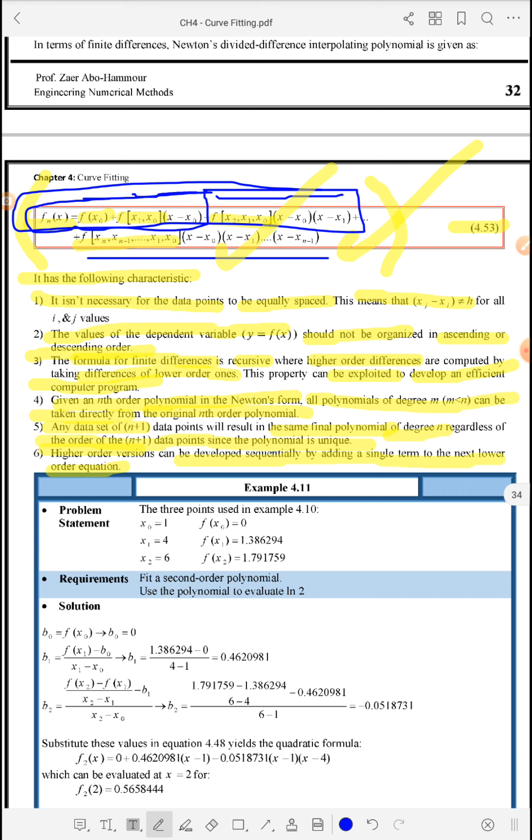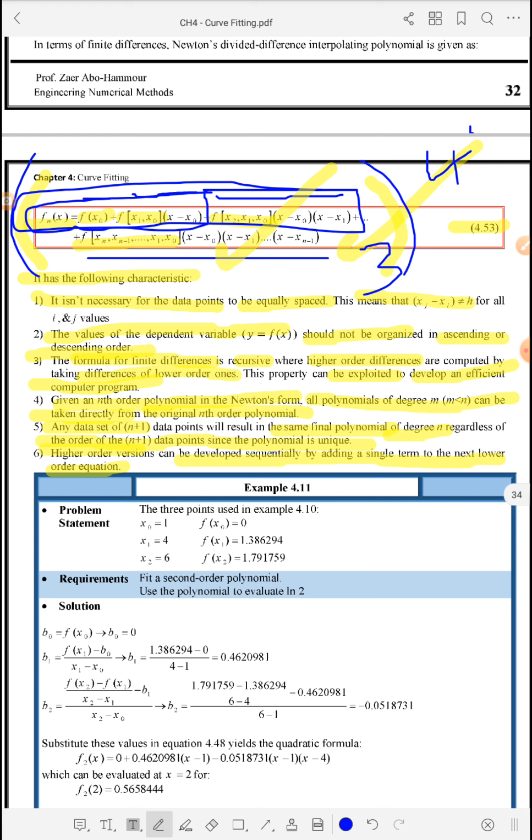Assume that for this equation, this is the nth order, and assume n was like the third order. Assume that I am not satisfied with the third order and I want to go to the fourth order. So what should I do? I will use all of the terms of this polynomial, and I will add a single term representing the fourth order finite difference and all of the multipliers in that term.